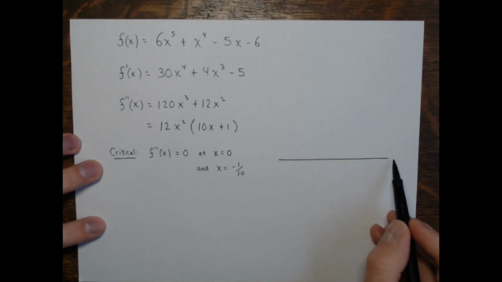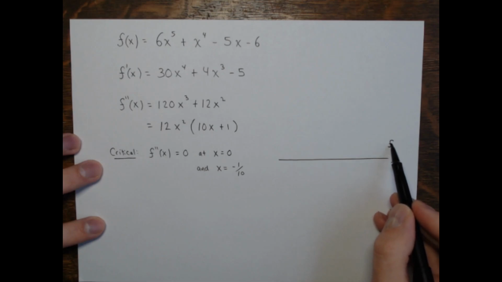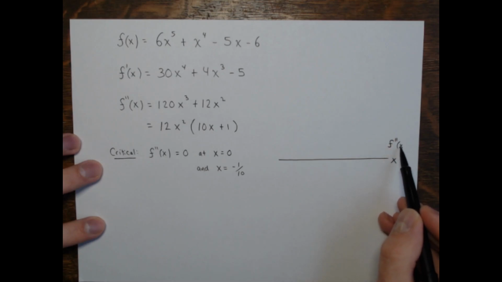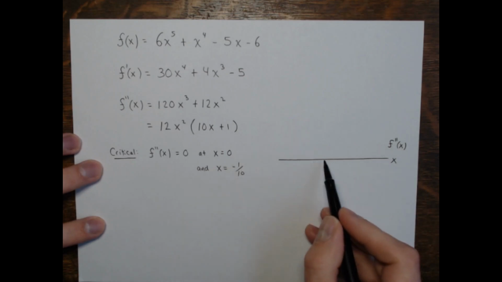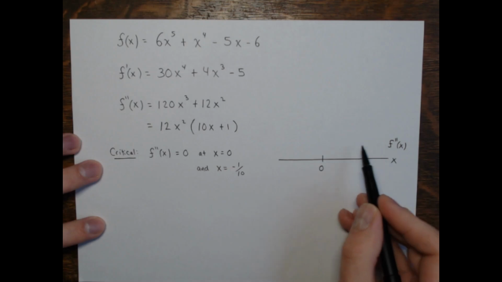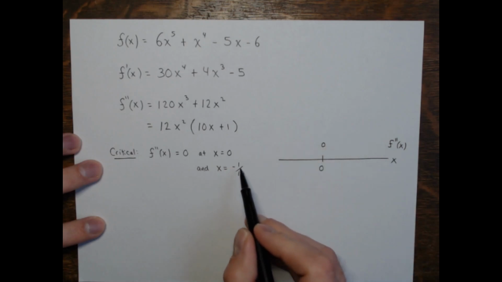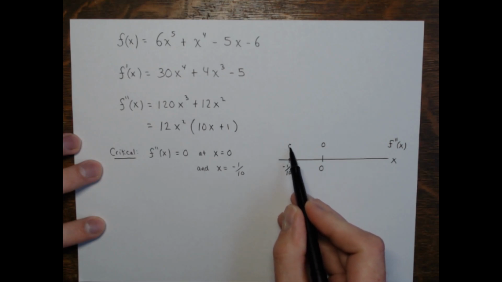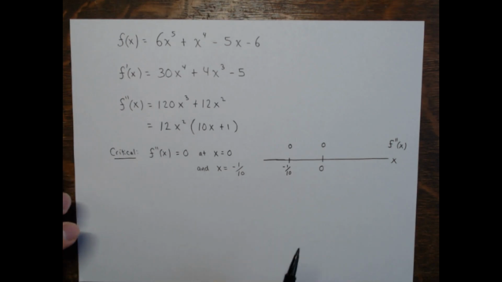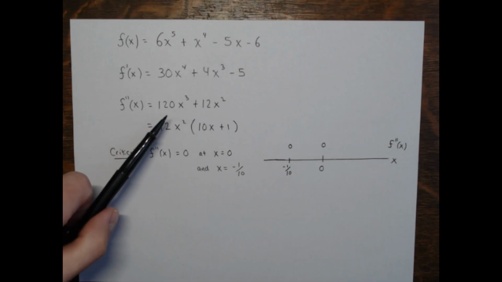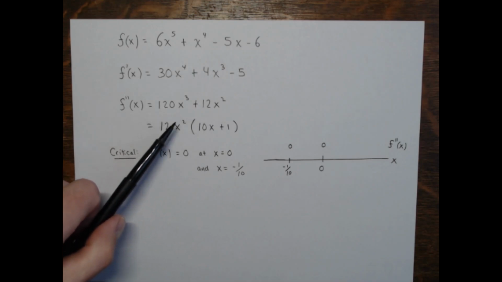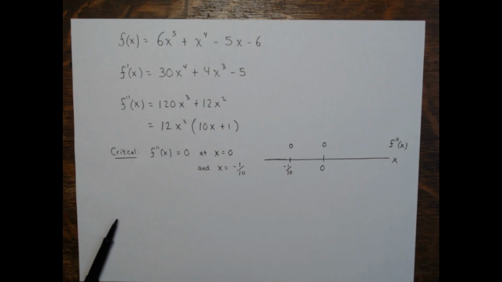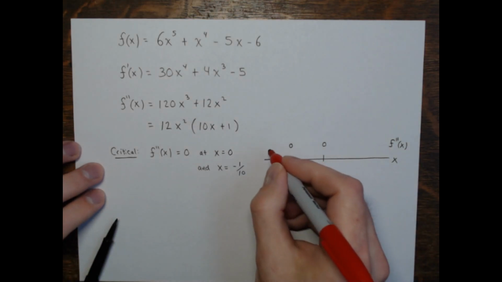Make a number line for the second derivative, right? I'm labeling this f double prime. Now at x equals 0, the value of the second derivative is 0. And then at x equals negative 1/10, the value of the second derivative is 0. And knowing, again, this second derivative is a cubic with a positive coefficient, knowing what you should know about polynomial functions, this will be happening.